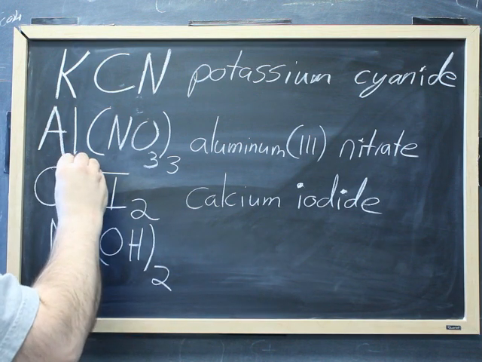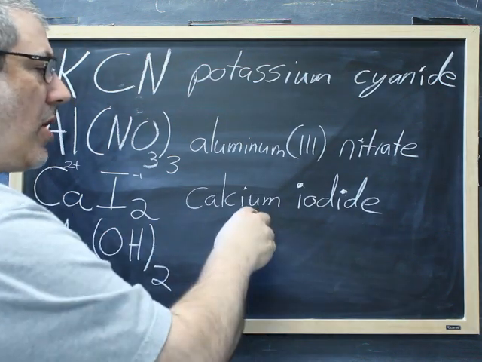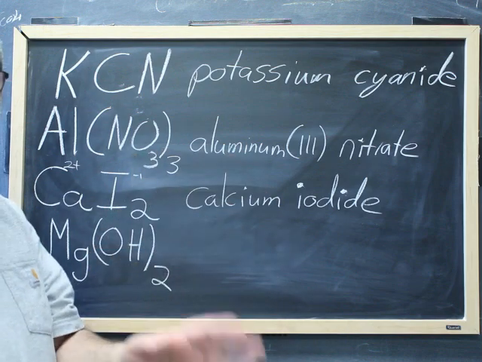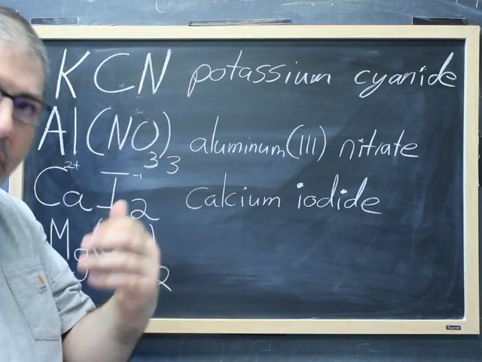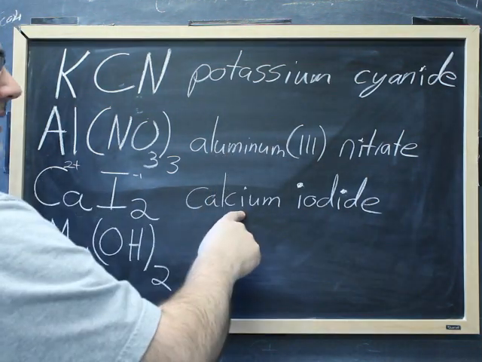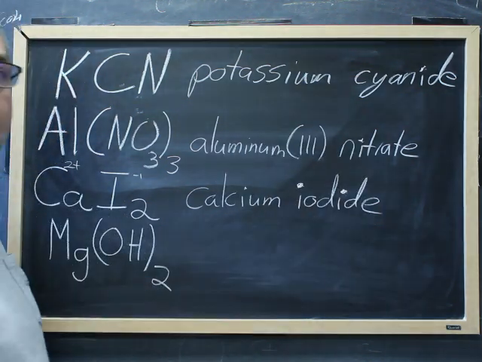So the calcium is +2, and each iodine is -1. Now you might say, well, how come I'm not calling this calcium 2 iodide? And it's because the elements in group 2 form +2. They do not typically form other charges. So for potassium and calcium, we can just leave the name as it is, but for aluminum, we need the Roman numeral.